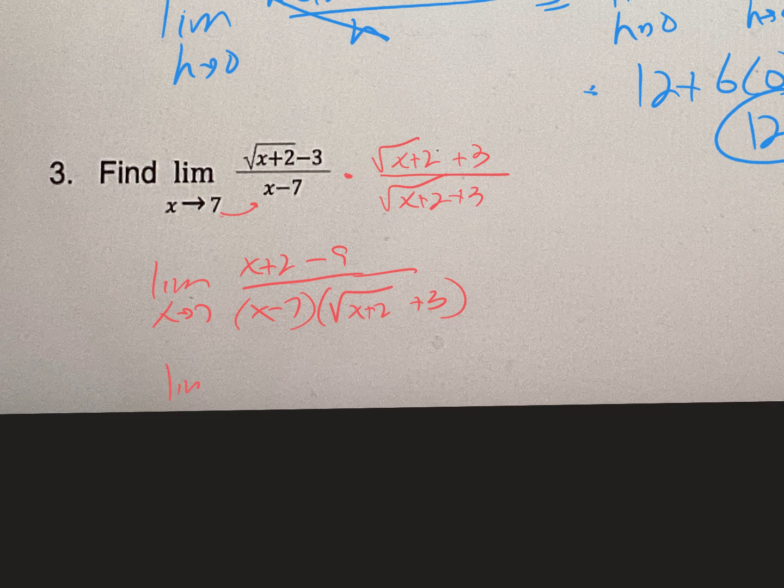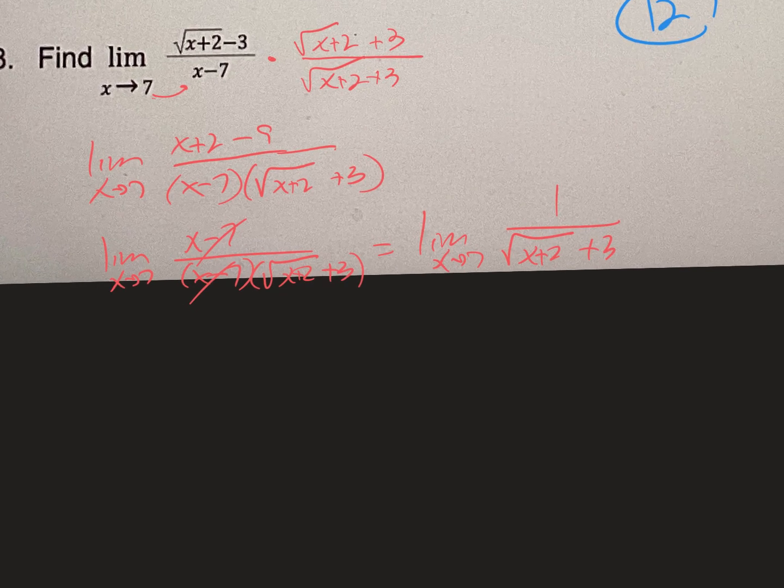Okay, so what I'm seeing is my numerator is really x minus 7, which is very convenient because my denominator also has that x minus 7 in it. Kind of got lucky there, so that cancels, which gives me the limit as x approaches 7 of 1 over square root of x plus 2 plus 3. And here we go again. Going to break all that down.